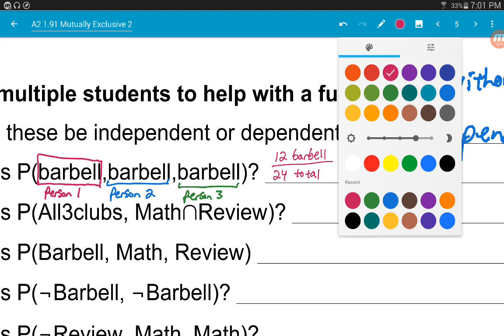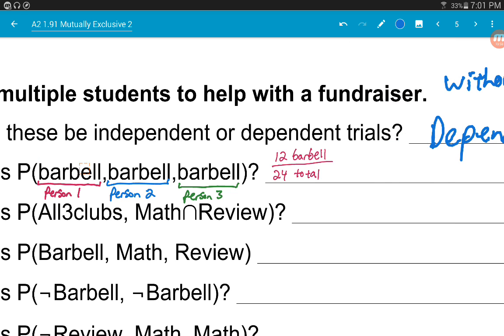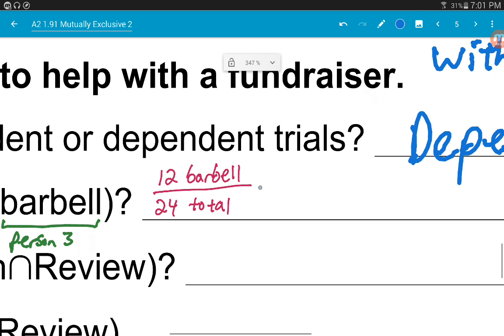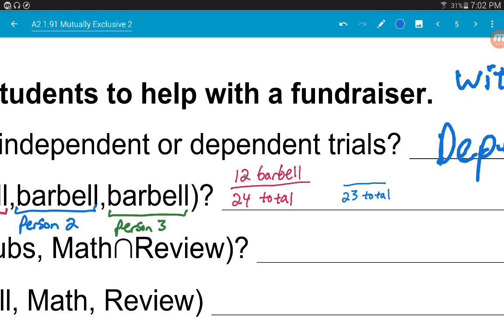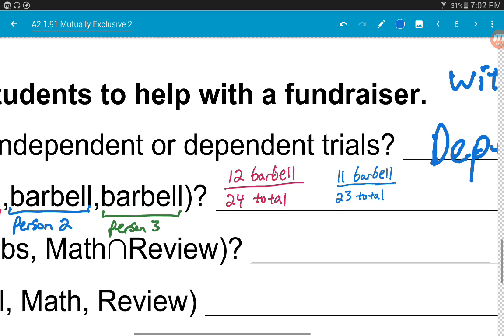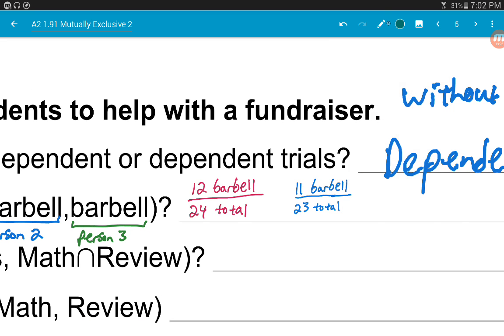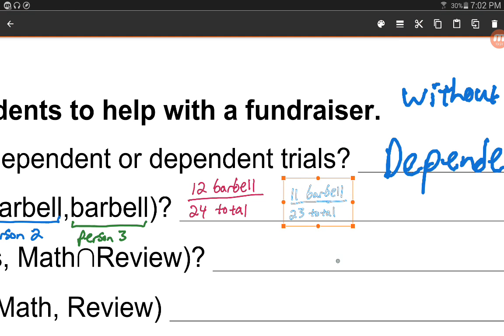Now I pick that person, and that person is selected. They're out of the group. I pulled them out of the room. How many people do I have left? I have 23 total because I've taken somebody out. Well, how many barbell members do I have left if I've taken a barbell club member out? I should have 11 members of barbell left in the room. And just move this down so it's actually on the line more. Okay, better.